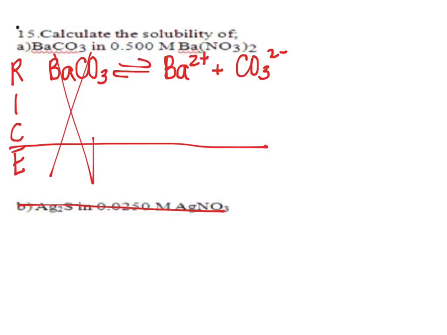Initially we are dissolving this not in water, we're dissolving it in barium nitrate. So initially, how much barium are we starting with? 0.5 molar. And we have no carbonate. So now, our change is still plus x. And at equilibrium, we're going to have 0.5 plus x and x.